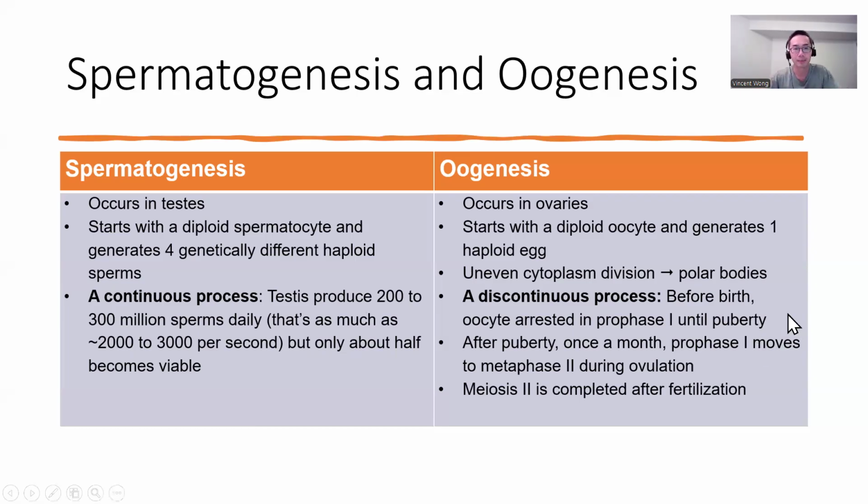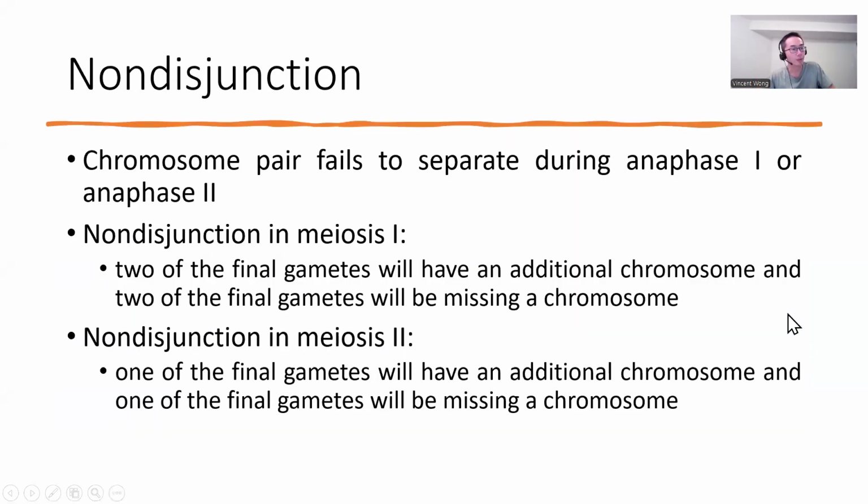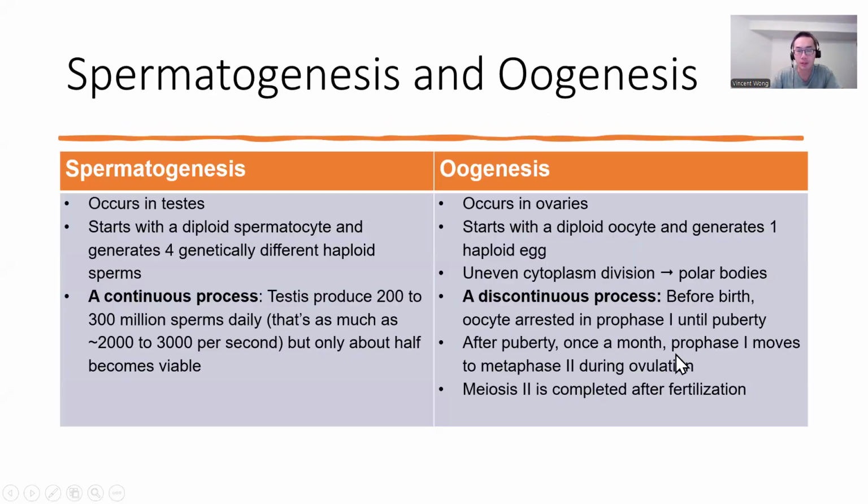Got it. All right. Okay, so one of the problems that could occur is what we call non-disjunction. I want to come back to here just to highlight the fact that the eggs are suspended in prophase one, and they will only progress to metaphase two in each menstrual cycle, right?